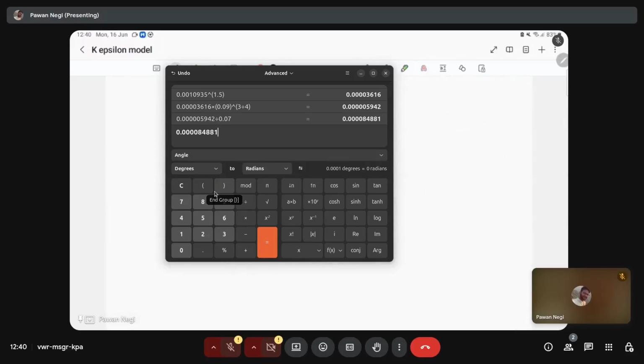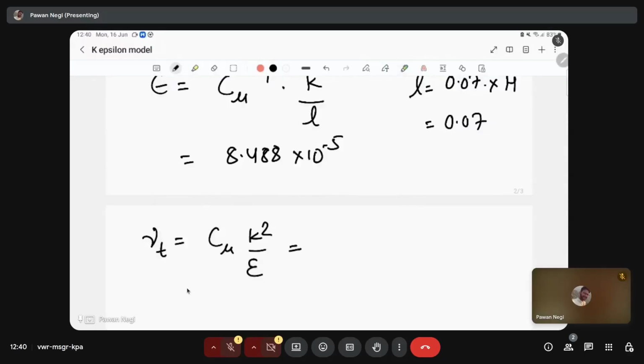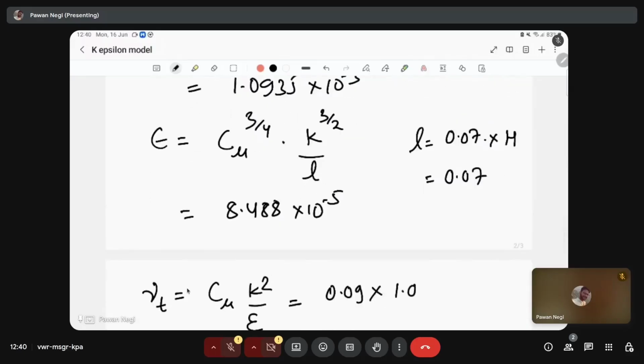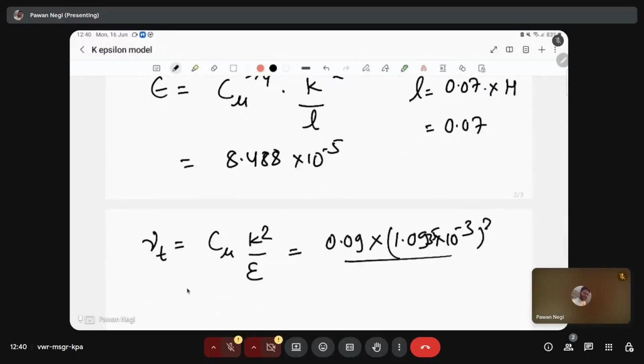And from this we can estimate the initial turbulent viscosity, which is equal to c nu times k squared by epsilon, which is equal to 0.09 times 1.0935 times 10 to the minus 3, whole squared, divided by 8.488 times 10 to the power negative 5.